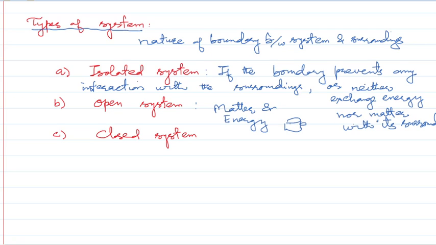So in this open system, if this is the hot tea here, the vapors will go into the surroundings, that is, matter is exchanged. Its temperature will come to room temperature, so its energy will also be decreased. That means it can exchange both matter as well as energy.